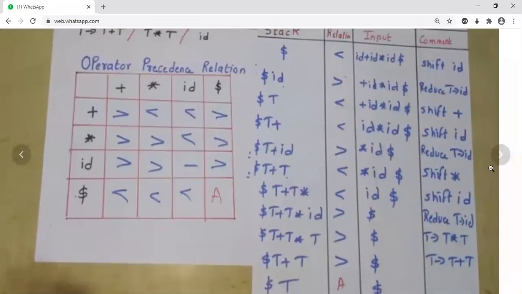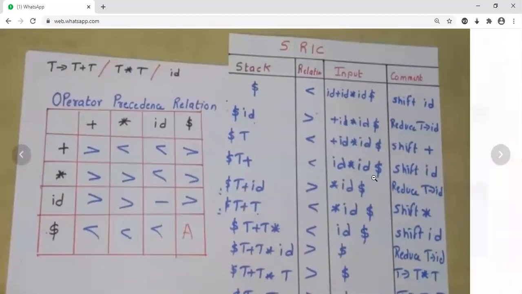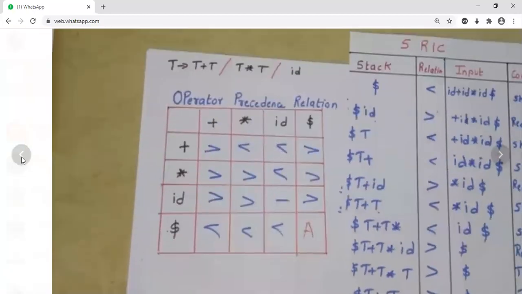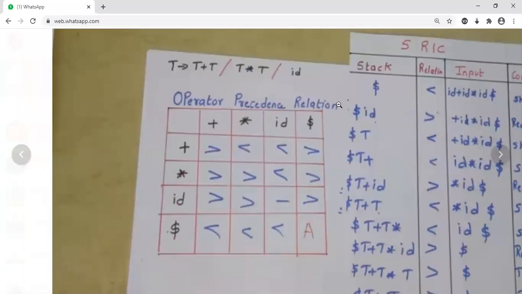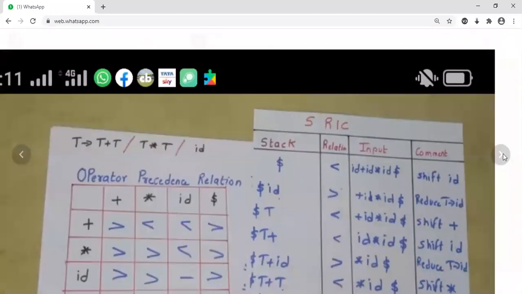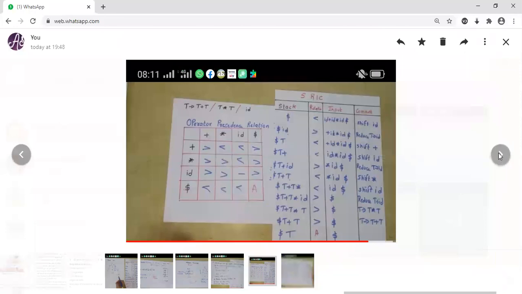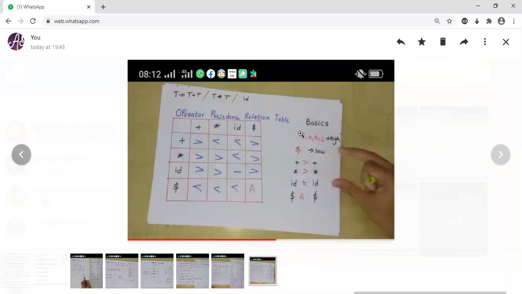Now to build the parse tree from this, we have to start with this and complete the section. Now to complete this section, we build this tree. So this is the way that we use the rules that plus is left associative. So we put this symbol over here, and left associative star.